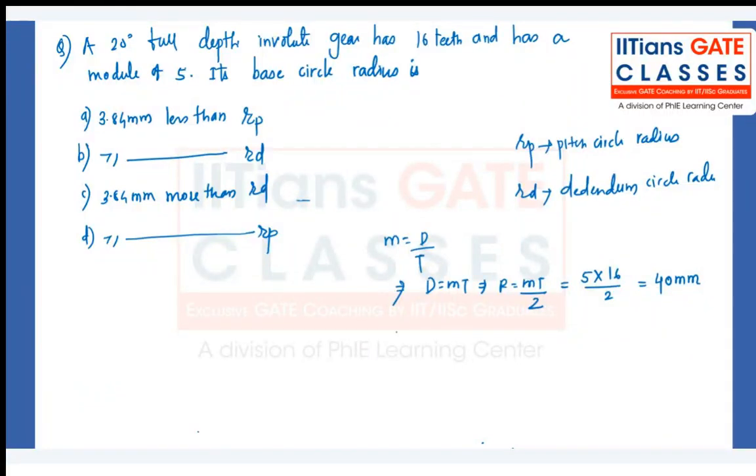Now, RD is what? R minus 1.25 times module. This is 40 minus 1.25 times the module. Module is pi, so it will be 33.75 millimeter. Okay, so this M is the module here.